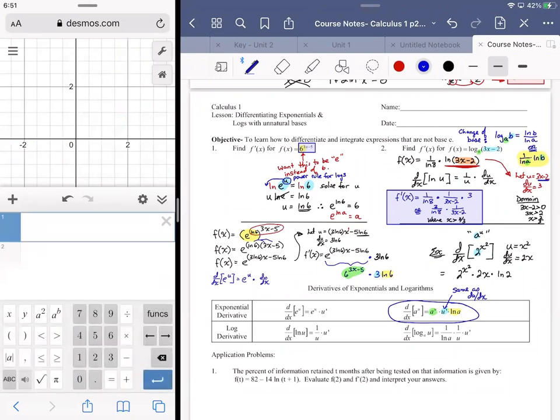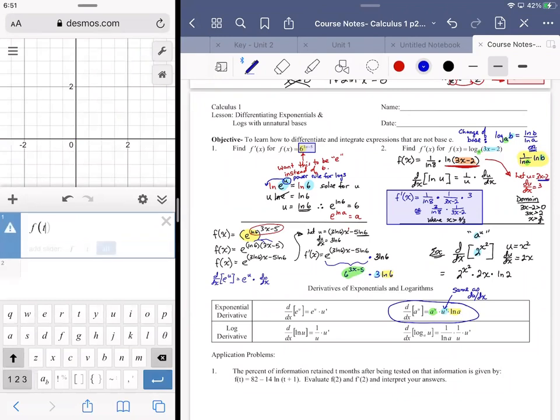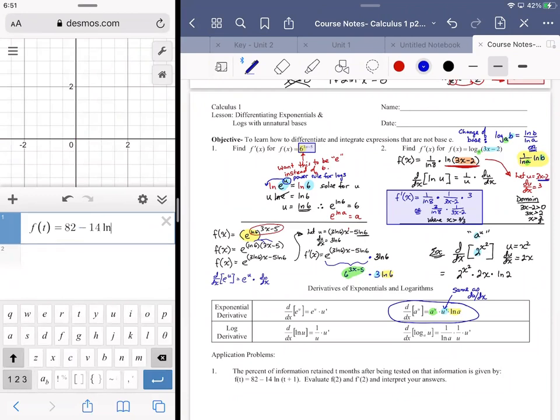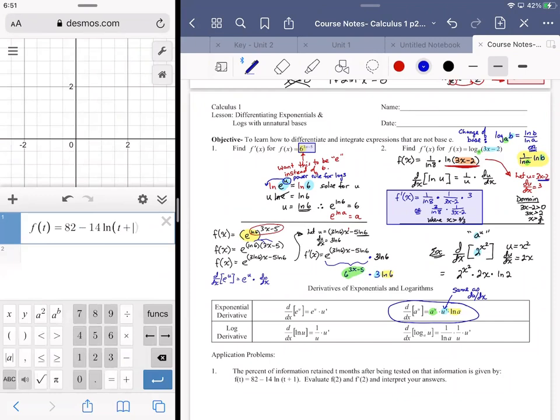I can say f of t, since we're evaluating it, we could use the t, but you could also use x if you want, is equal to 82 minus 14 ln paren t plus 1. Close it up.